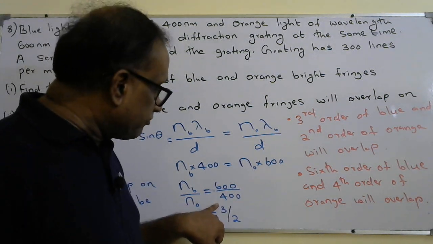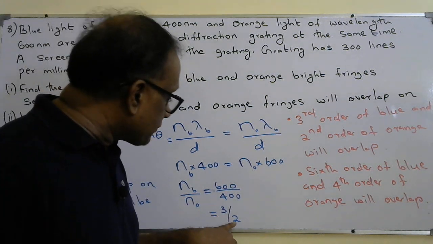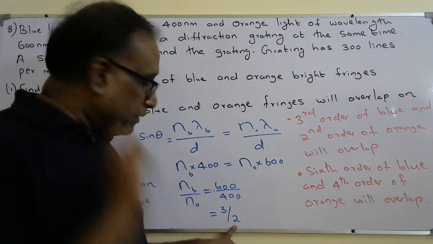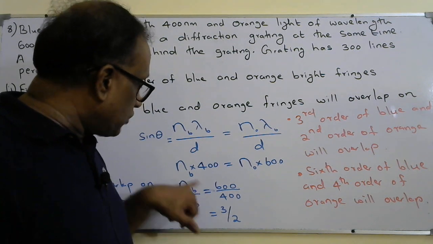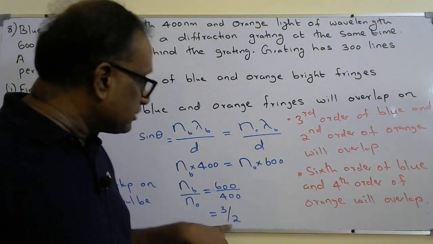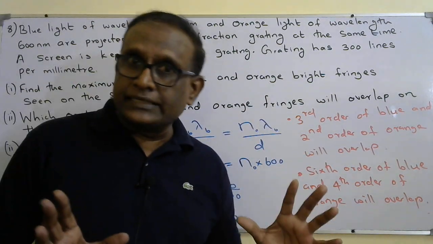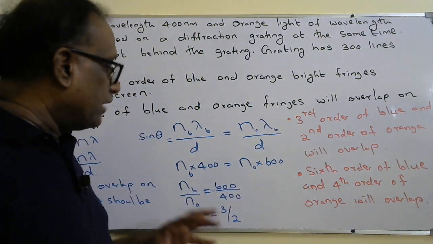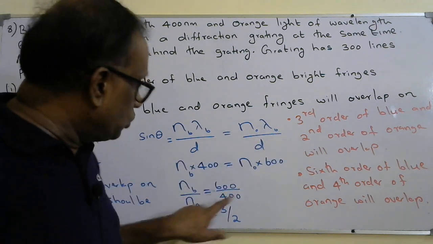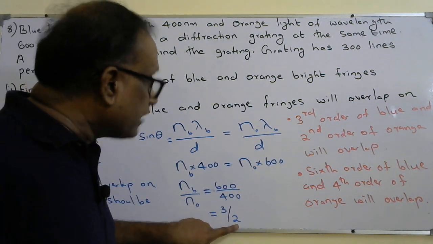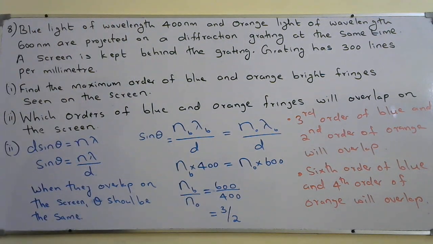But the ninth order of blue and the sixth order of orange won't overlap, because we already found in the first part that the maximum number of orders is 8 for blue and 5 for orange. So the maximum orders are limited. So the possibilities are the third order of blue with the second order of orange, or the sixth order of blue with the fourth order of orange.